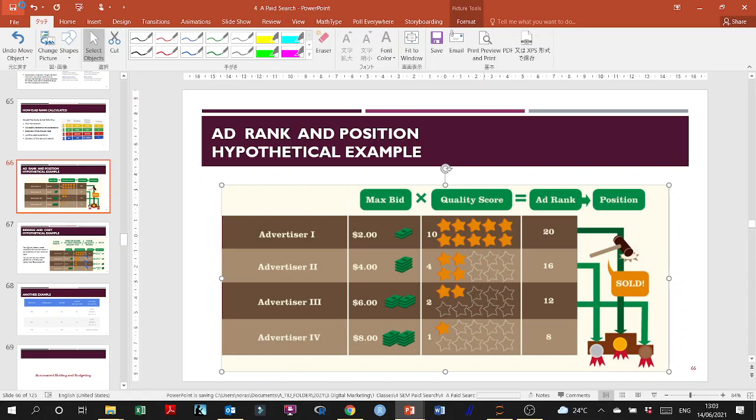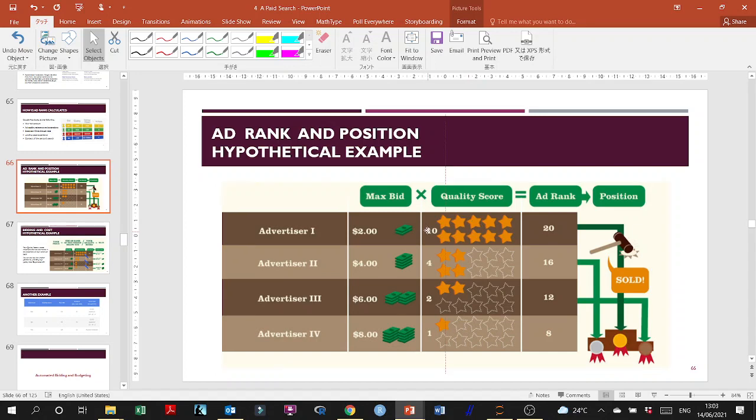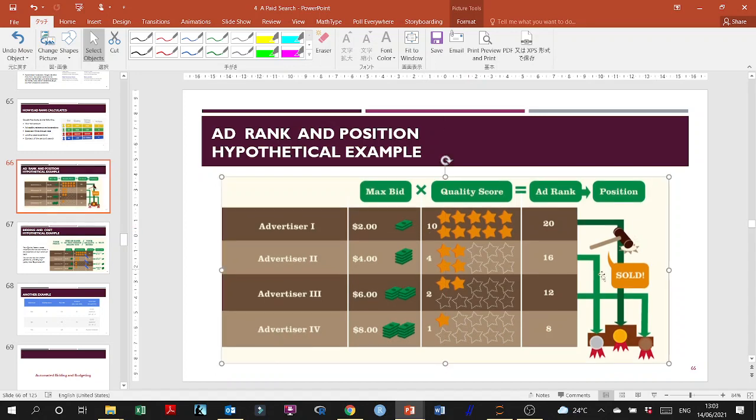This is how ancient it is. But I find it very helpful for my students to understand how the ad rank operates, even if this is hypothetical, even if it doesn't have any technical ground built on it, it helps you understand. So we have here the maximum bid.